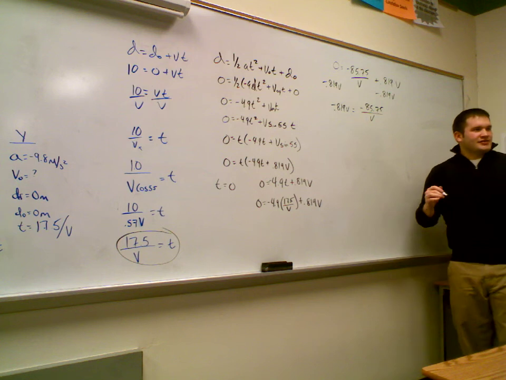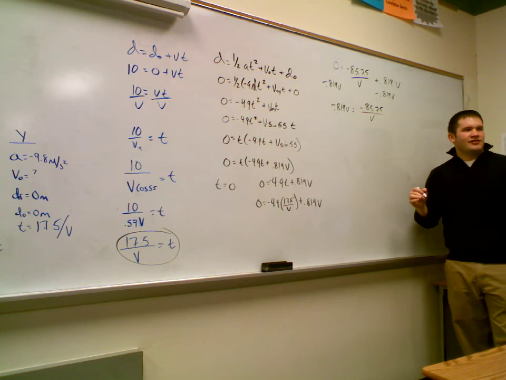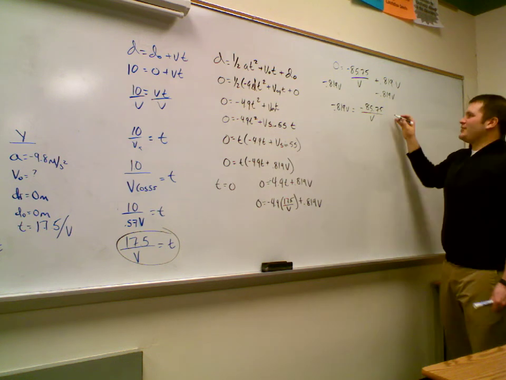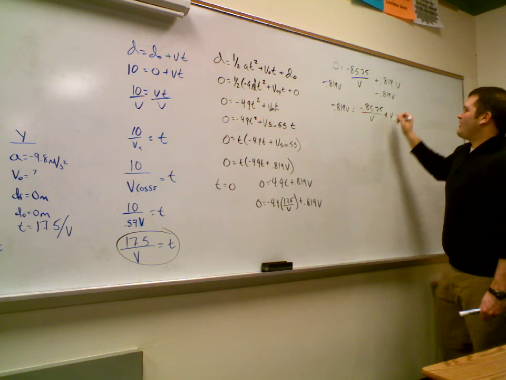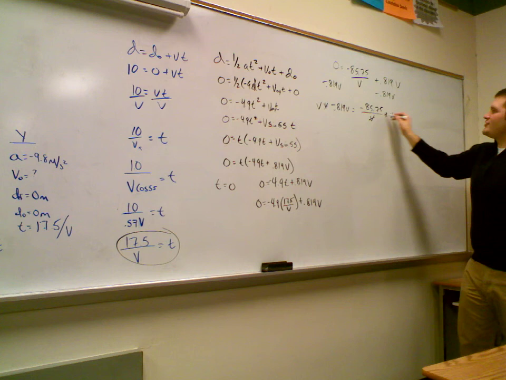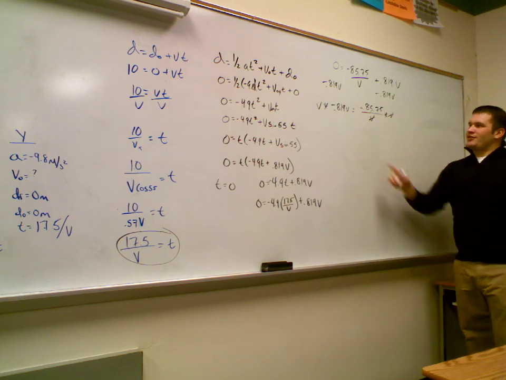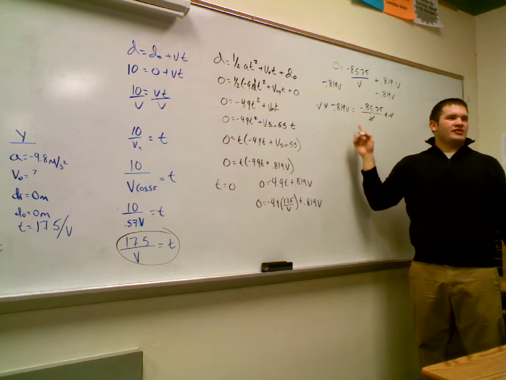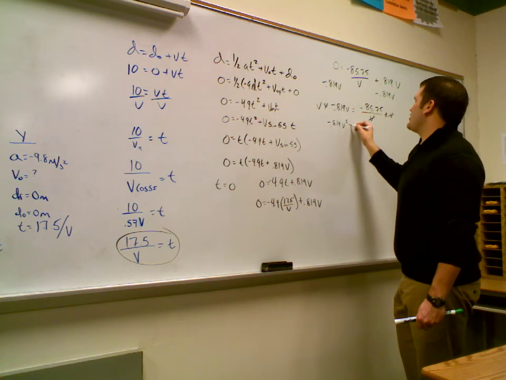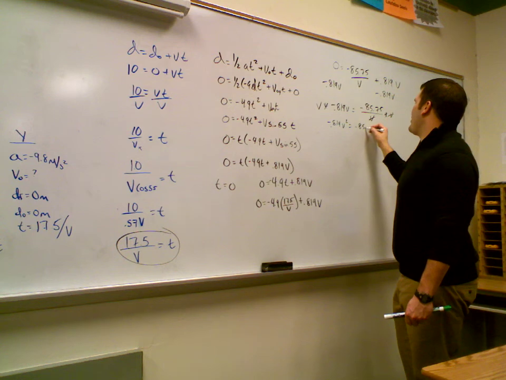Any other bright ideas? We cannot cancel the v's, but we can multiply by v, right? Why would I multiply by v? Well, like Moses suggested, it'll cancel some v's, and now these two v's become v squared. So negative 0.819 v squared equals negative 85.75.